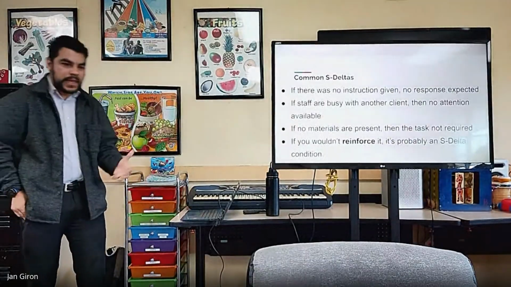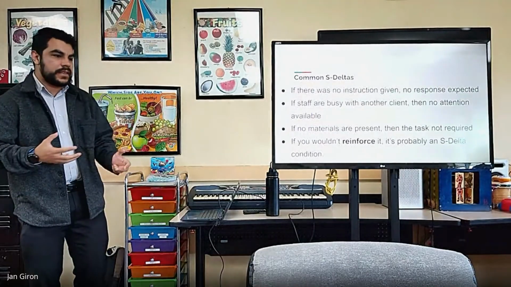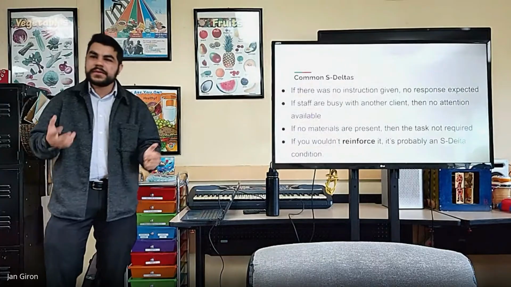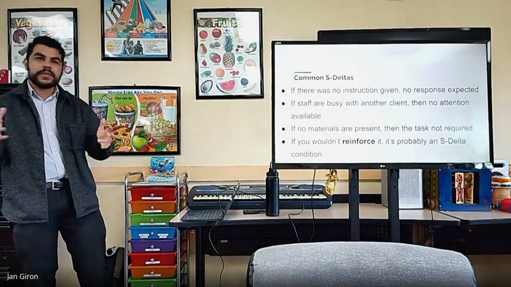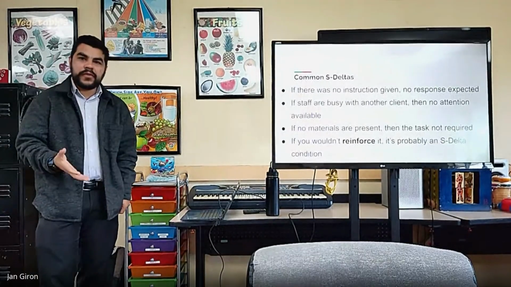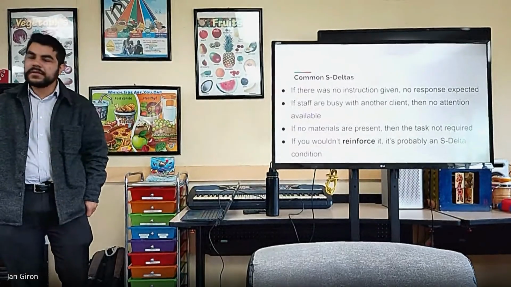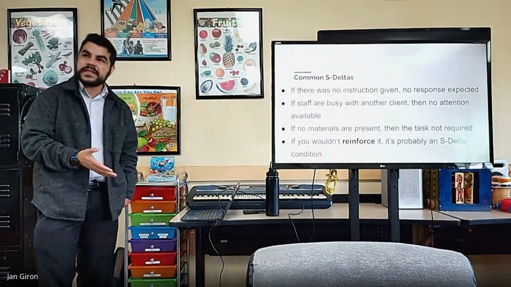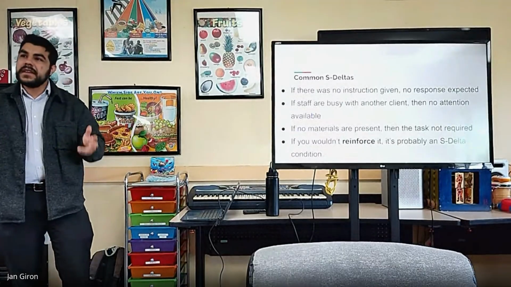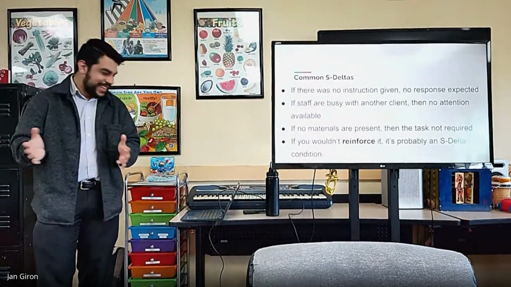So just applying it here, we can see that there are some common S deltas that the clients will interact with. And again, it's really important for them to be able to distinguish these things. So for one, when we provide them an instruction, let's say to transition to go to the restroom or to move on to the next activity, in the absence of that instruction, we hope that they don't act.